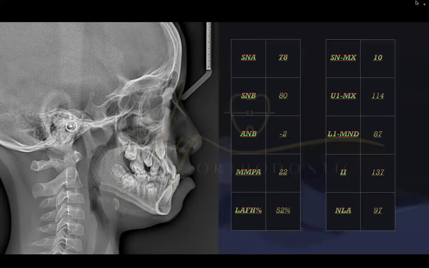What is the problem list here? The problem list consists of the anterior crossbite.